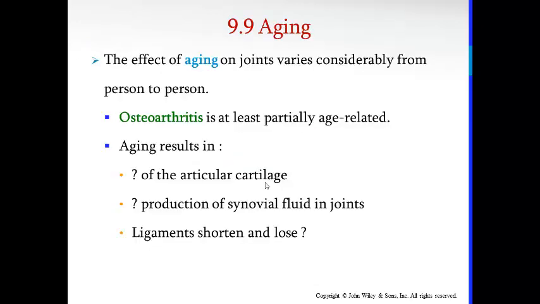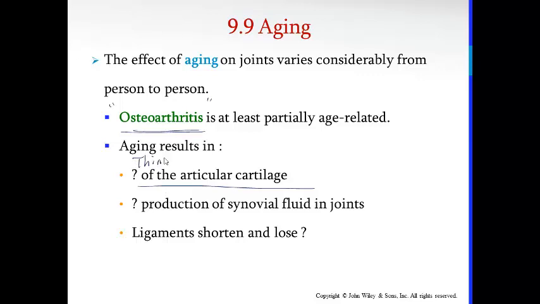Now, as we age, so many things happen as you get older, but you should take good care of yourself starting now. Osteoarthritis sometimes is partially age-related, and changes occur in our joints. For instance, aging usually results in thinning of our articular cartilage that surrounds the bones.